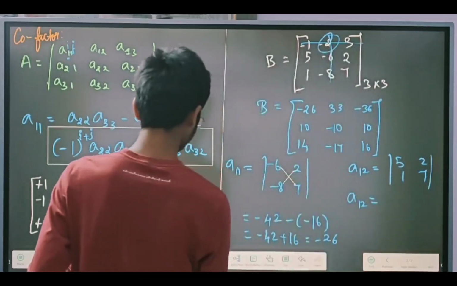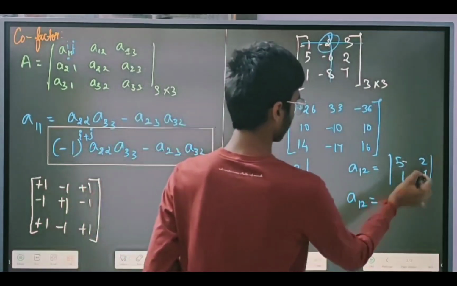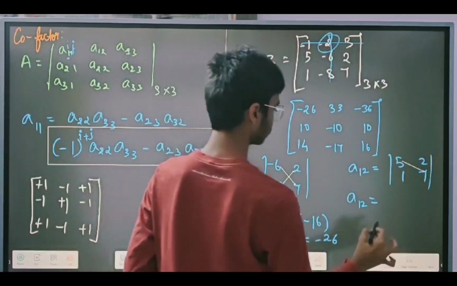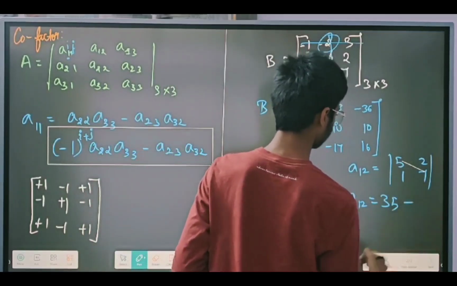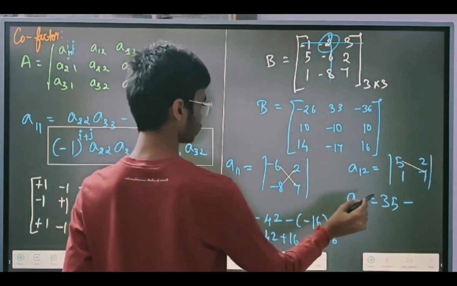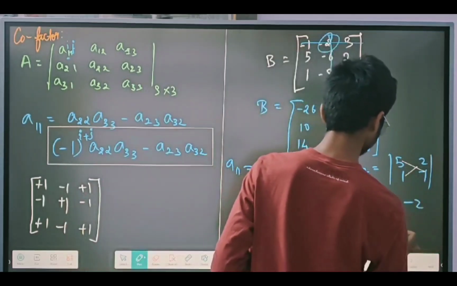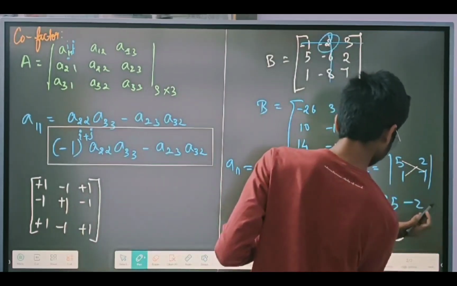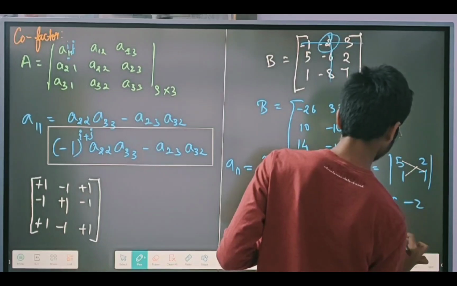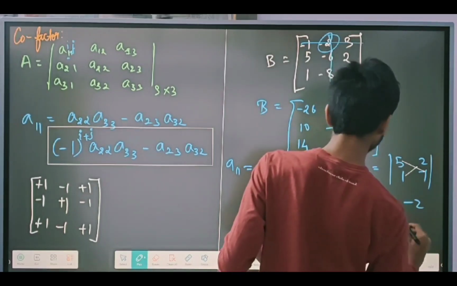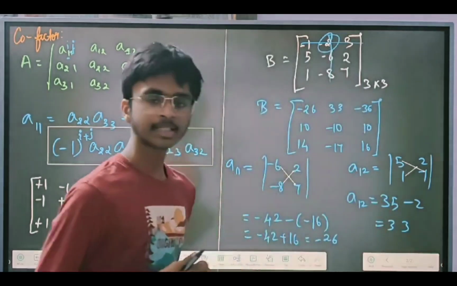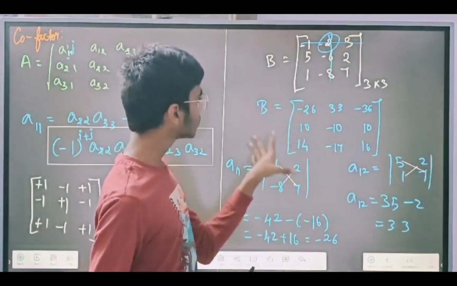A12 is equal to this 5 into 7, which is 35, minus this 1 into 2, which is 2, which gives 33. Okay, 33. So this is what its minor is going to be.